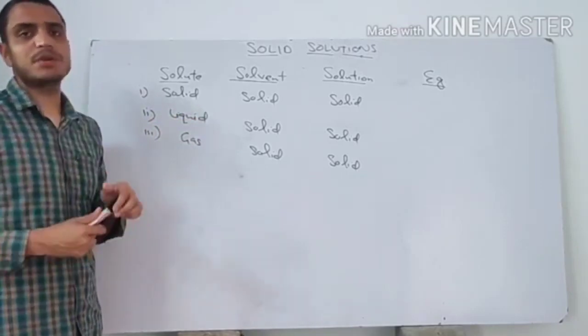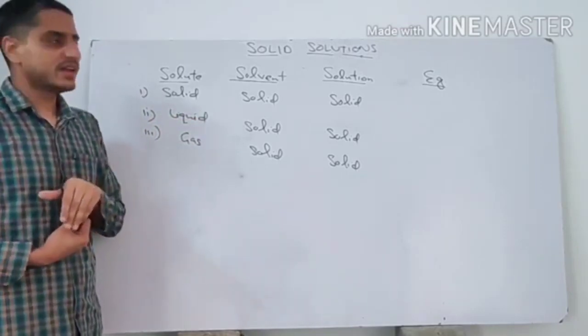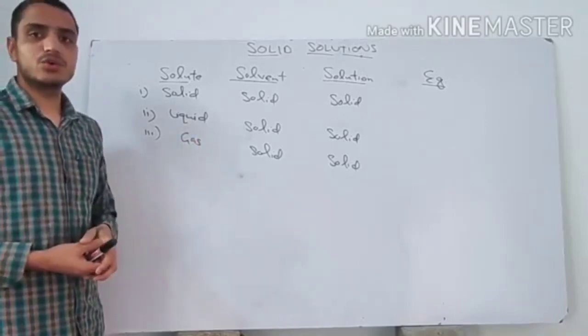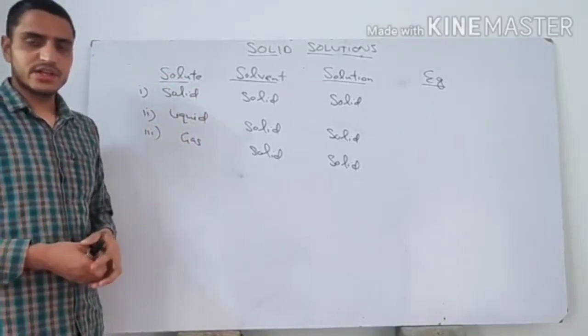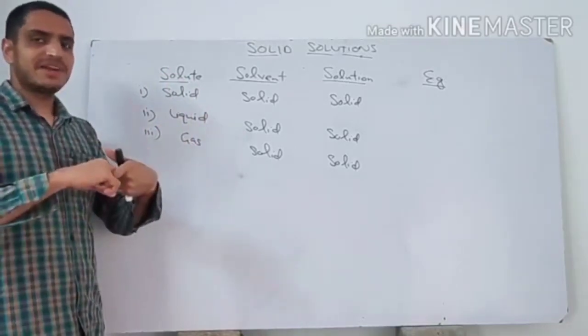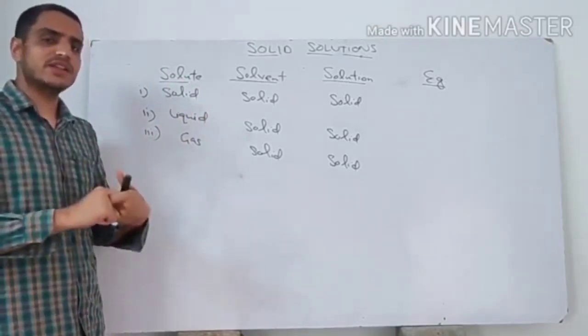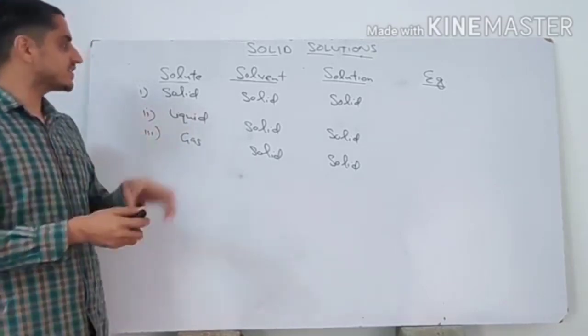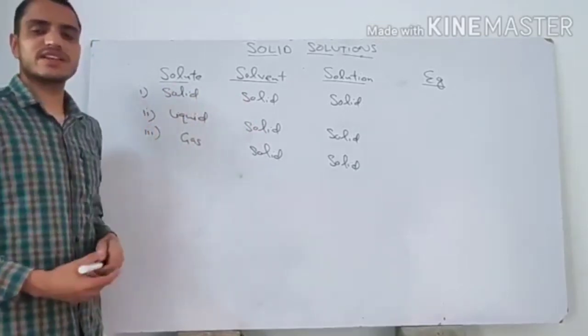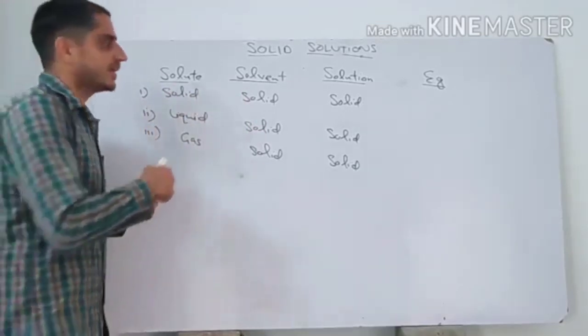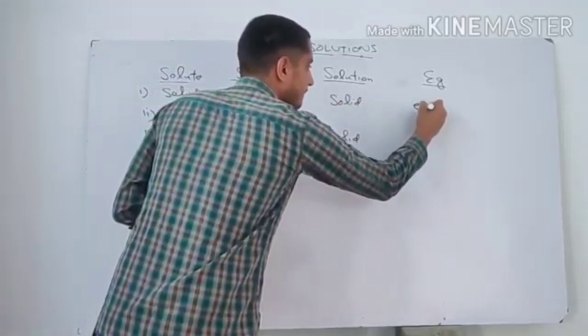Brass is made of two metals, copper plus zinc. Clear? This 24 karat gold, that is made up of 22 parts of gold and 2 parts of copper. So when two metals, means solid, combine together to form alloys, that is example of solid in solid solutions. Getting my point? All the alloys are the example of solid solutions. Example, brass.